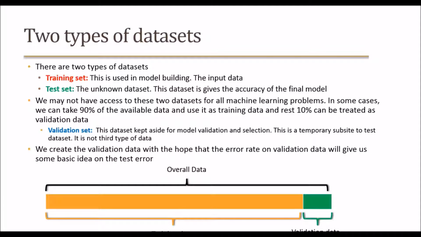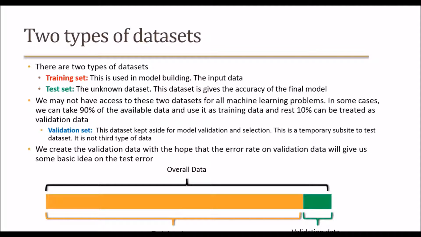Generally we might not have both these data sets at the beginning of any problem. Sometimes we may have only the training data set, or sometimes we'll have training plus test data set.